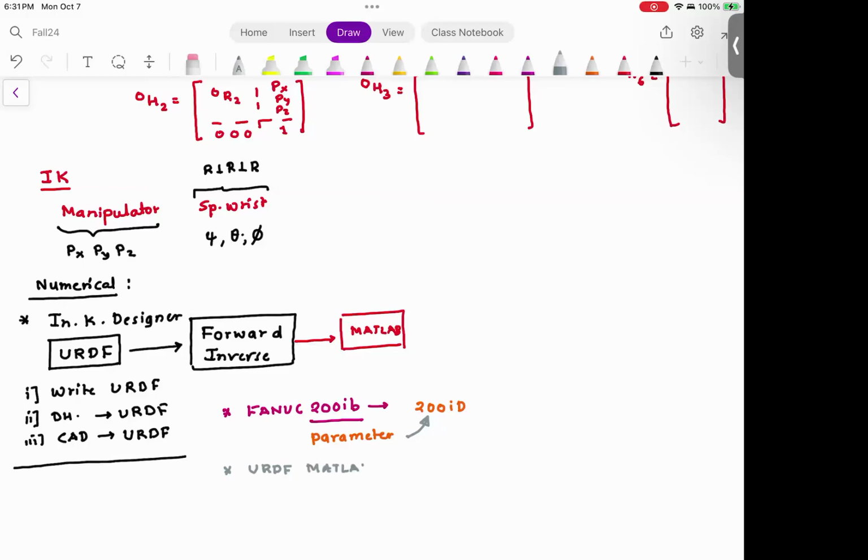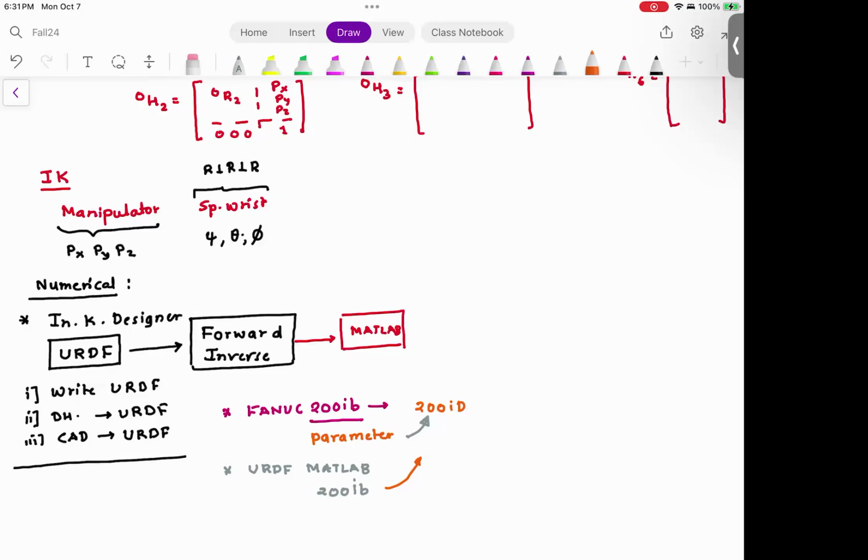MATLAB has the URDF file and the whole tree for 200 ID. Change the link parameters in this URDF file to reflect 200 ID. If you do this, you don't even have to use the inverse kinematics designer. You can do it with just the baseline MATLAB function.